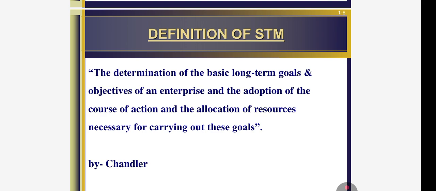If you look at the definition given by Chandler, strategic management is nothing but the determination of the basic long-term goals and objectives of an enterprise, and the adoption of the course of action and the allocation of resources necessary for carrying out those goals. So this is given by Chandler.